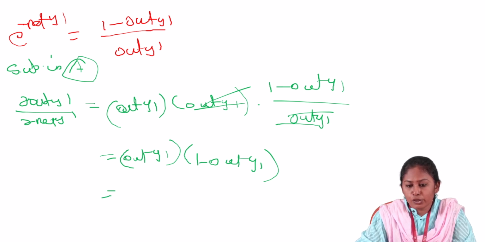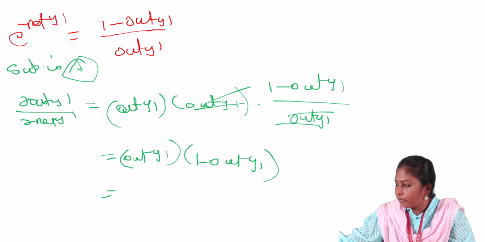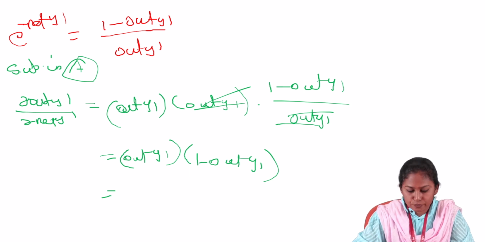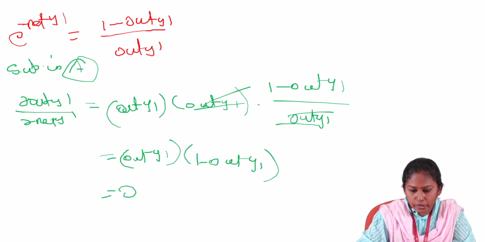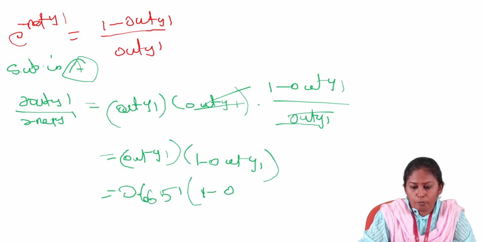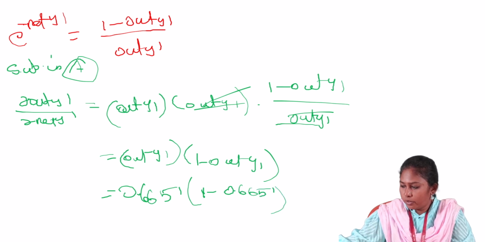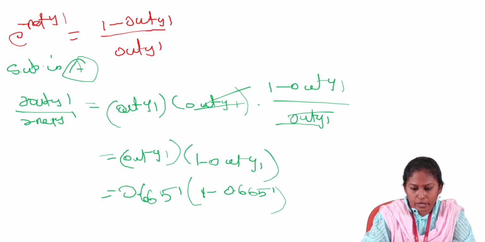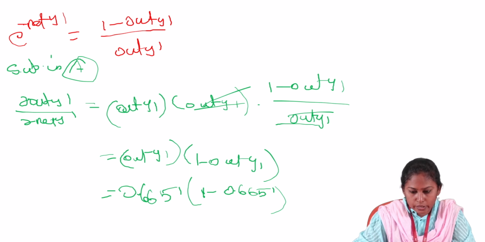Now, what is the value of out y1? We have already calculated it, right? The value of out y1 is 0.6651. So 0.6651 into 1 minus 0.6651, its value is 0.2227, which I have calculated.